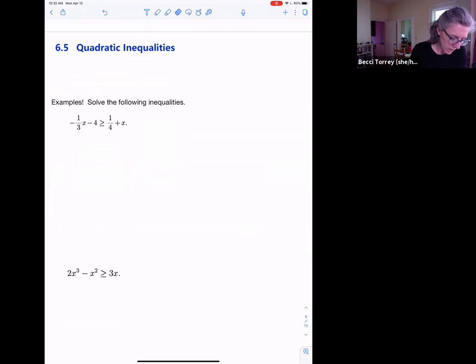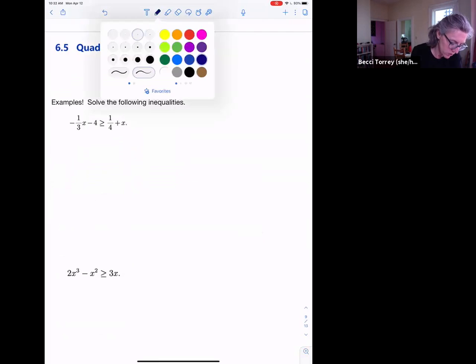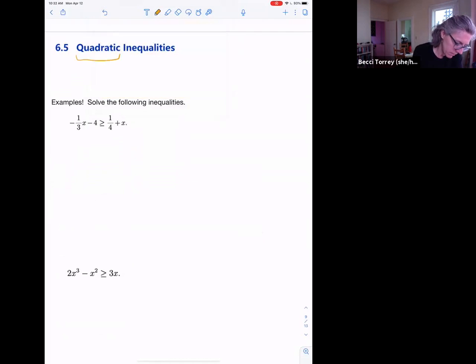So before we even get to quadratic, so quadratic means degree 2, we'll actually do more than just degree 2.